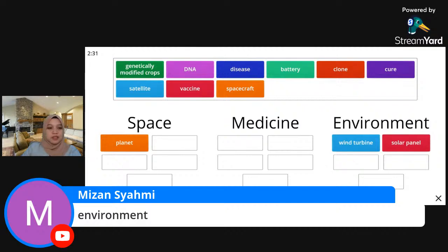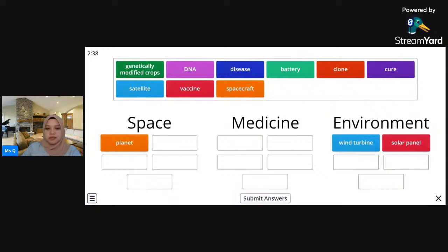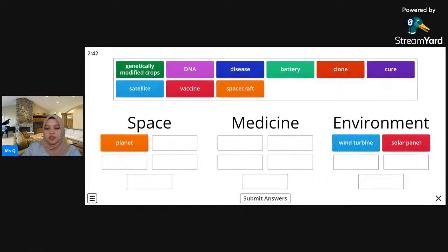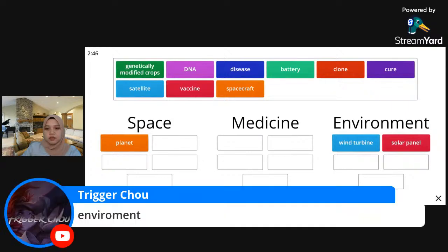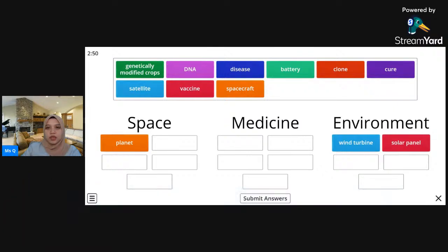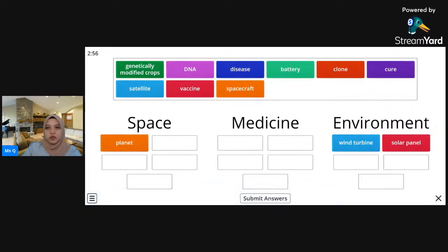How about the rest? Most of you answered environment, so let's put that in environment. Alif and Muhammad Zami also said environment.